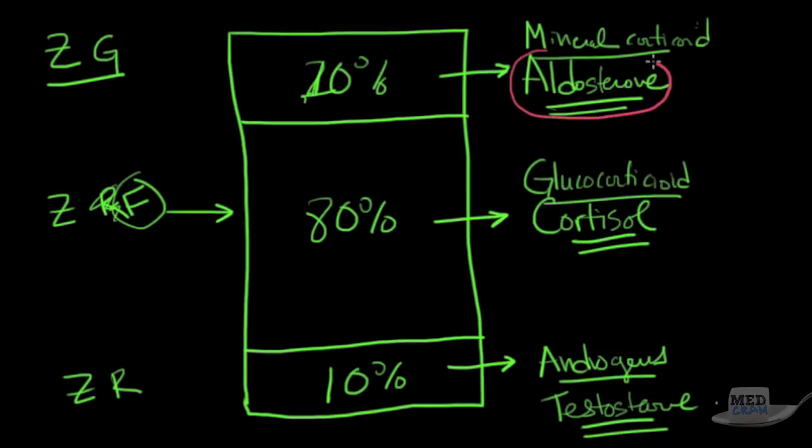So what does aldosterone do? Aldosterone works primarily at the distal convoluted tubule. Okay, so it's right there. And what does it do there? It causes reabsorption of sodium and dumping of potassium and protons. That's what it does.